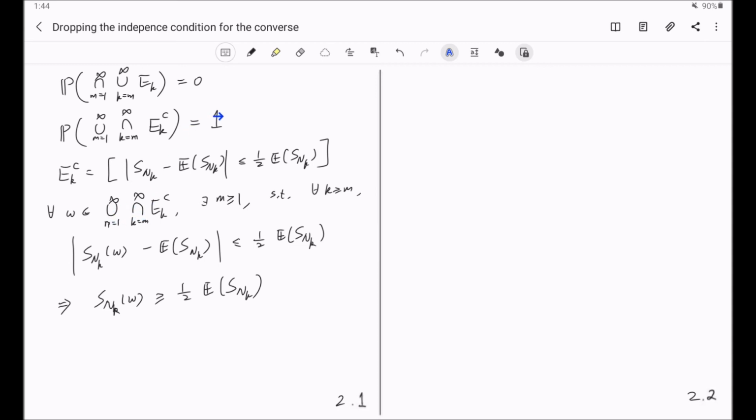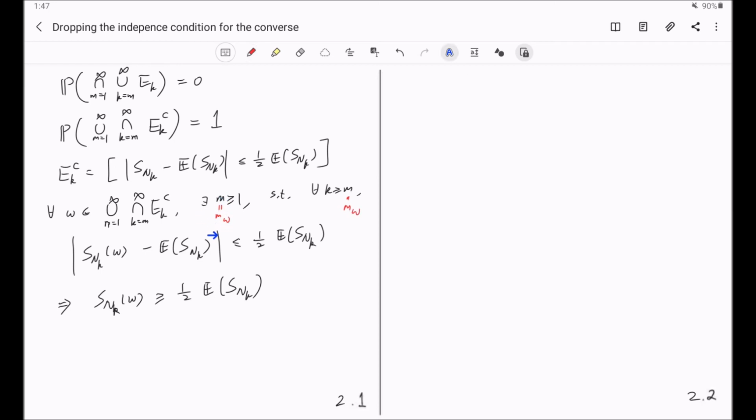Because this event has probability 1, you know this holds almost surely.